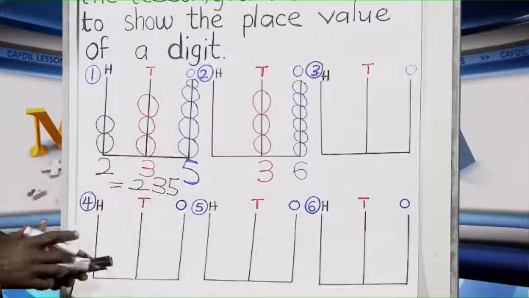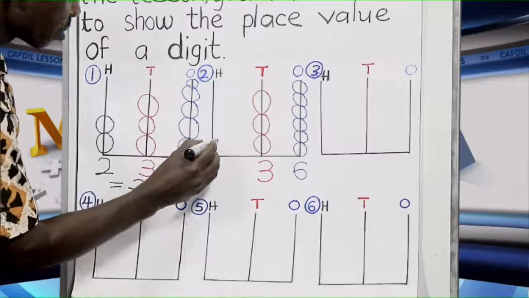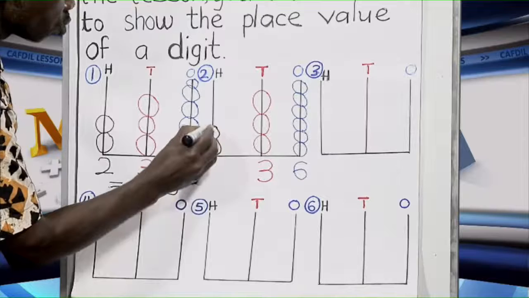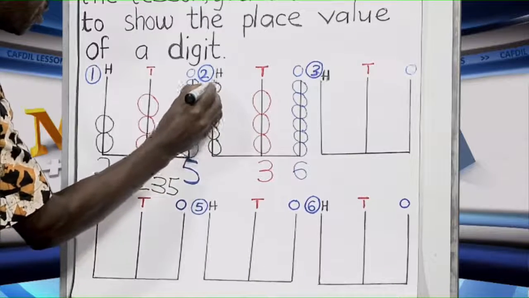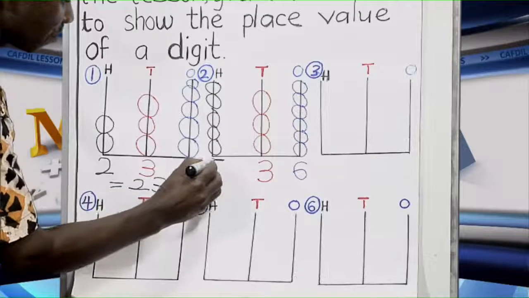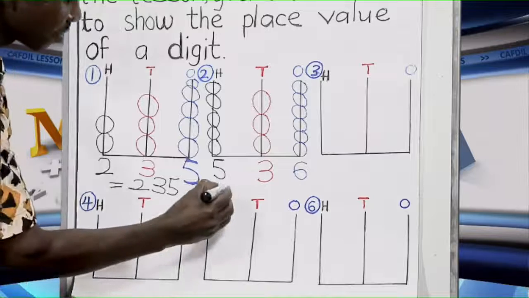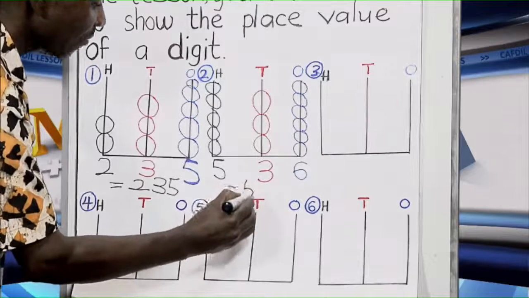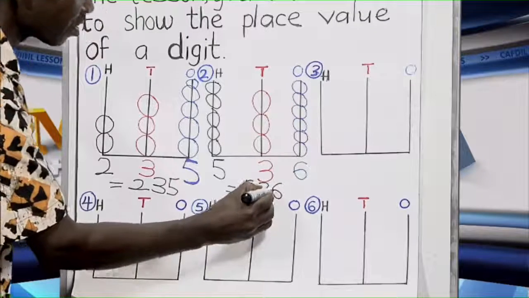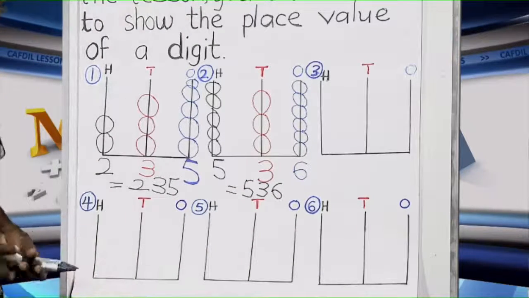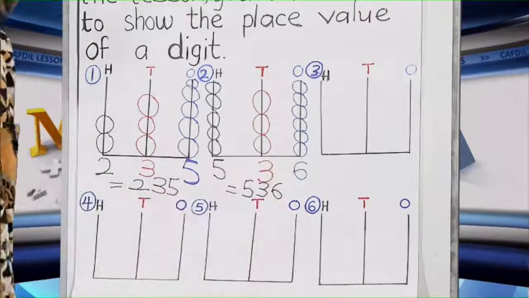Then under hundreds column, we can put 1, 2, 3, 4, 5. So this will give us 536.